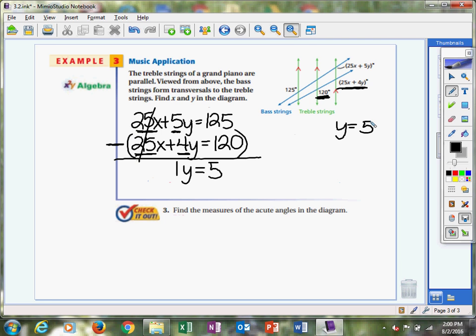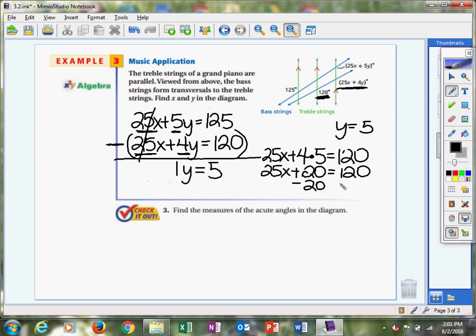We're going to keep a hold of that. So half of our answer we figured out. Now we're going to substitute in for one of these. It doesn't really matter which one. If you want to do the bottom one, that's fine. We've got 25x plus 4y. Now we know what y is. Y is 5 is equal to 120. And then we'll do 25x plus 20 is equal to 120.